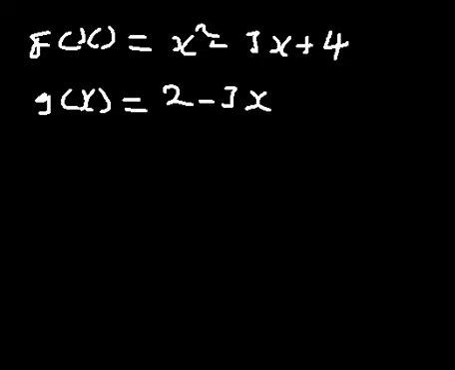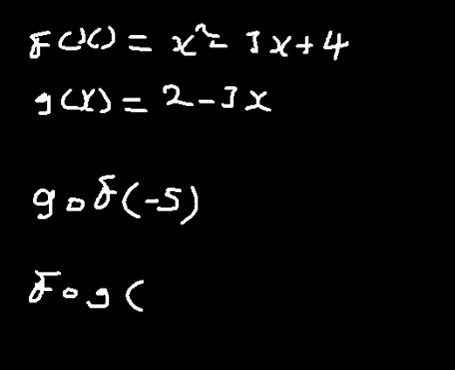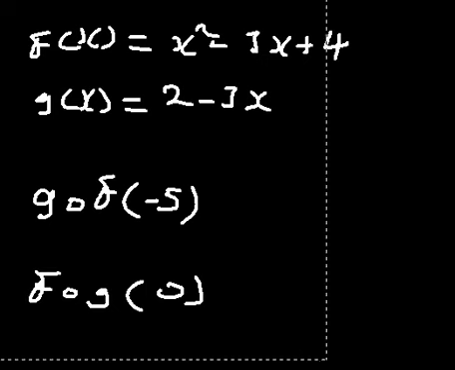So now let's evaluate g composite f for negative 5, and also f composite g of 0. So start at your own time, and also try these problems as well.